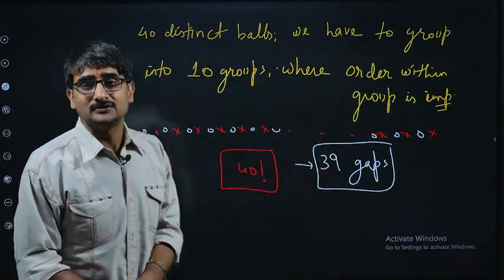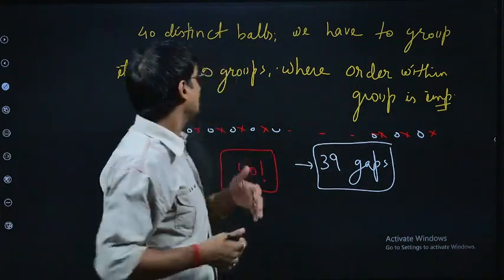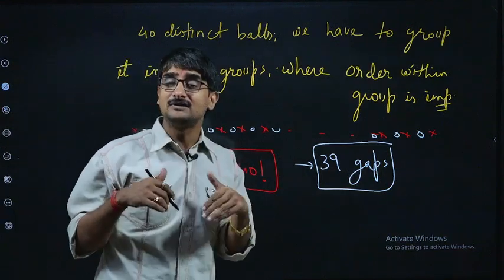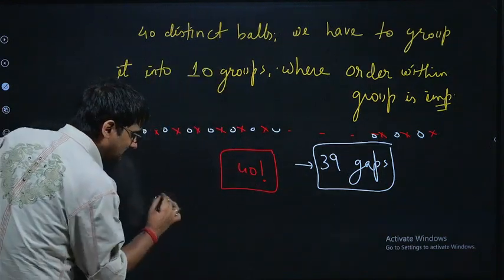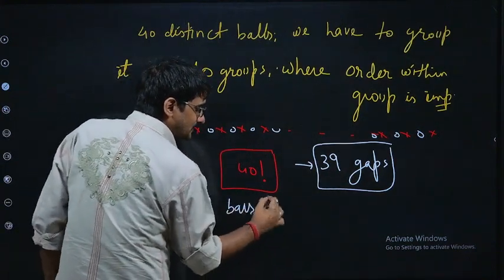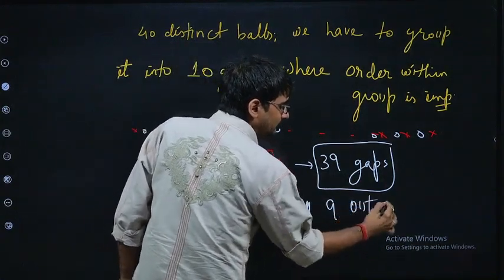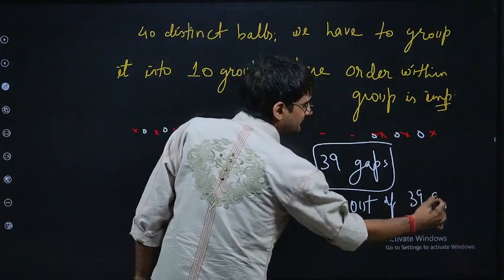Now if I have to divide it into 10 groups, I put 9 bars in any 9 out of the 39 gaps.